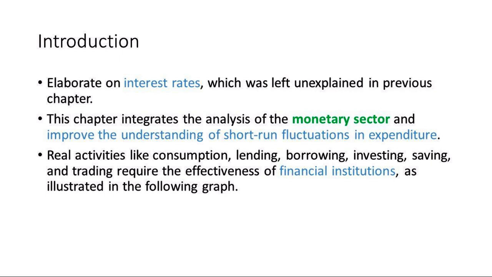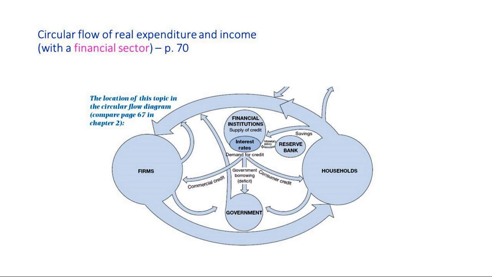We now integrate analysis of the monetary sector with that of our knowledge on spending in the real sector. In this way, we hope to improve our understanding of short-run fluctuations in the economy. Now, real activities like consumption, lending, borrowing, investing, saving, and trading all require functioning financial institutions, and it's a familiar picture from the circular flow.